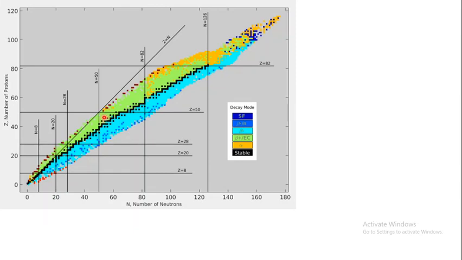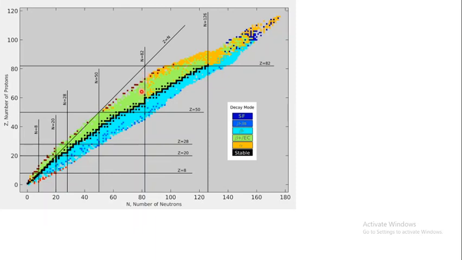So it means all the nuclides which occupy the horizontal line have the same proton number but different neutron number. So it means all these are the isotopes of an element. And similarly, the nuclides on the same vertical line all have the same neutron number but different proton number. So such types of nuclides are known as isotones.